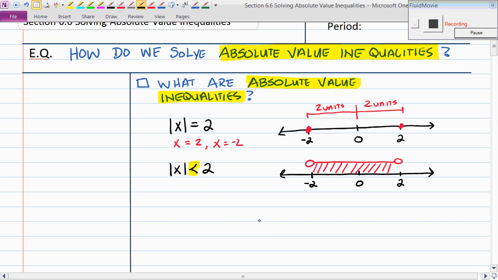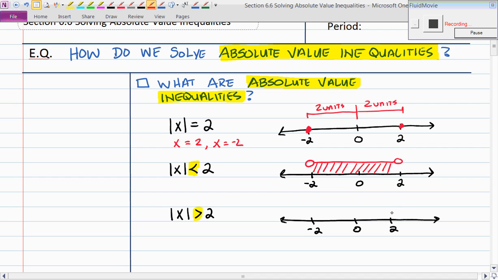There's also another inequality that has absolute value, and that one is, what if the absolute value of x was greater than 2? So again, we see that this is an inequality and it contains absolute value. So we're going to draw our number line again, and say, okay, this is 0, this has to be 2, and this has to be negative 2.